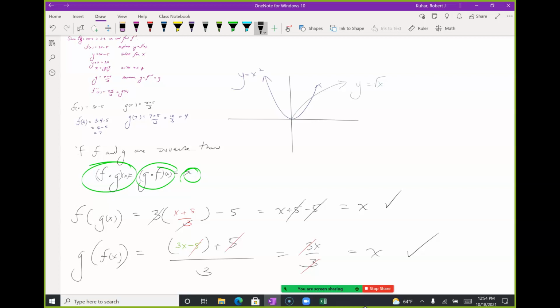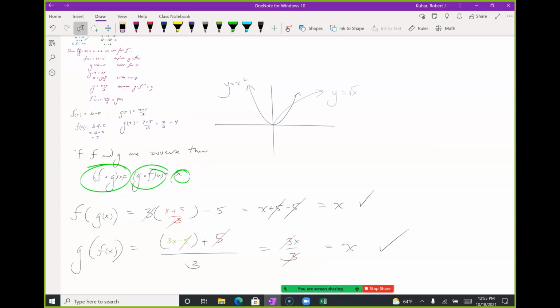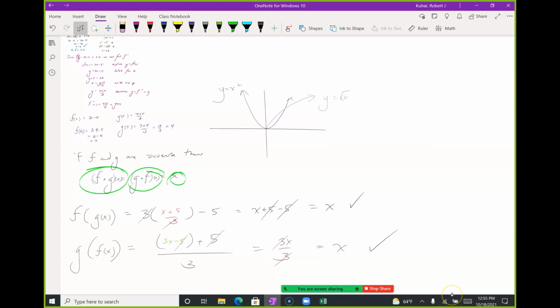So, Professor, in order to check if g is really the inverse, will we have to plug in f of x into that inverse function? Exactly. You do the two compositions, f with g inside and g with f inside. Okay. And since you said that f of x doesn't always have to link to g of x, even if that wasn't x, would we still just have to go and check the next one to see if it actually is inverse?